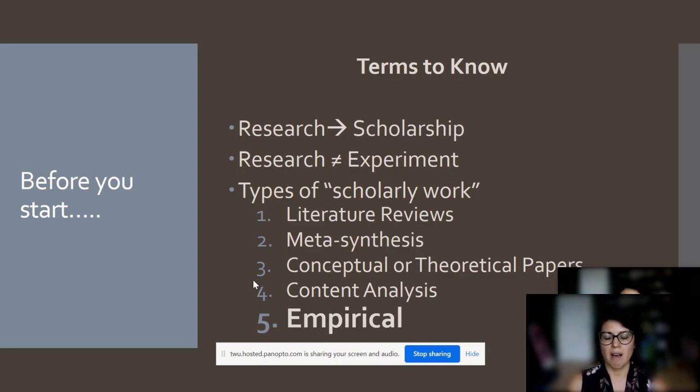Number 5, empirical means, and it's a little fuzzy, but if you take it at face value, empirical means that the article reports the findings of some research study, some systematic approach to inquiry that uses data that were collected by some mode of observation.